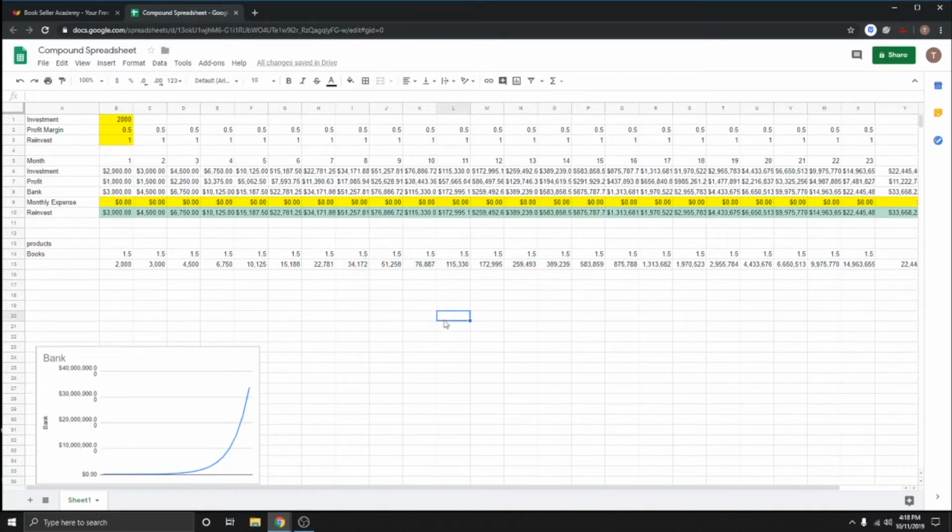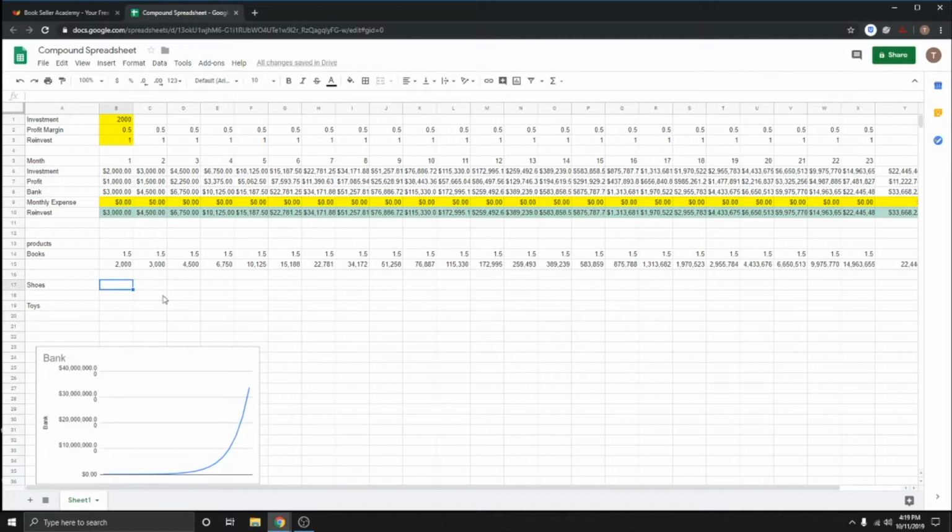What I've seen with other sellers is diversifying their products. Some people get into shoes, they get into, I don't know, toys for whatever reason.